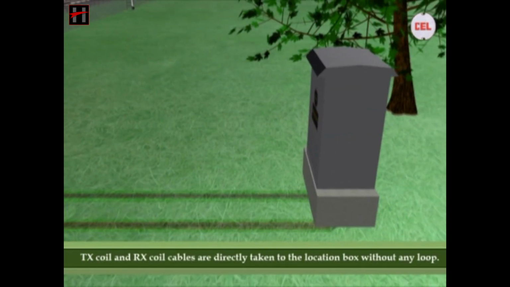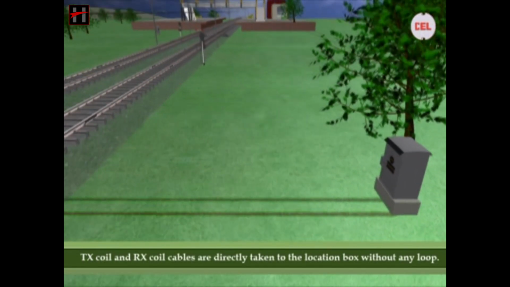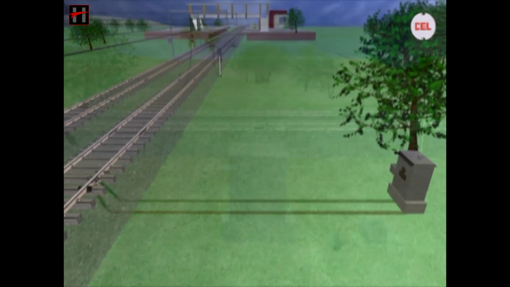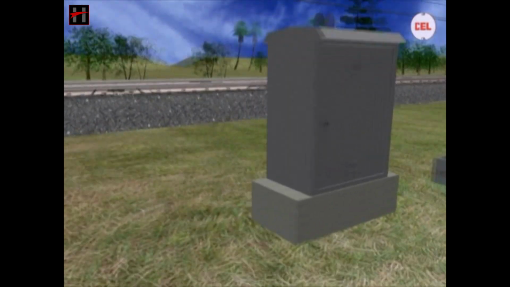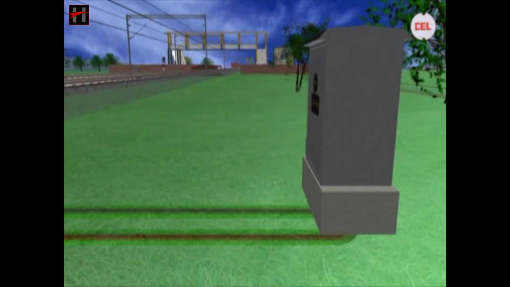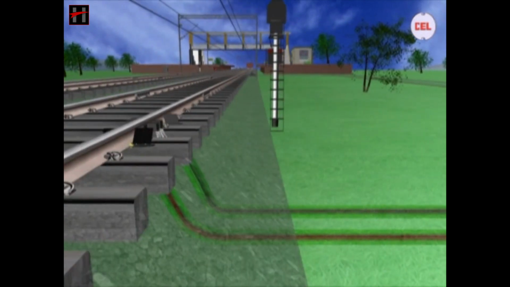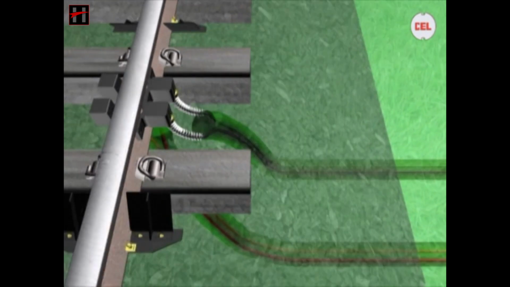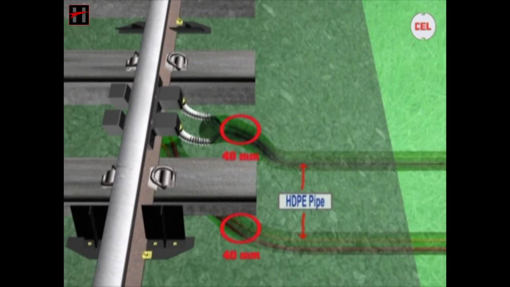Ensure that these TX and RX coil cables are taken directly to the location box without forming any loop. 8. Ensure that these cables are laid in high-density polyethylene, that is, HDPE pipes of 40 mm in diameter for safety of cables.